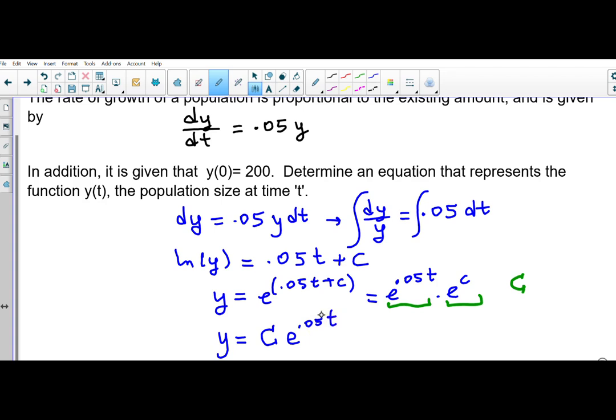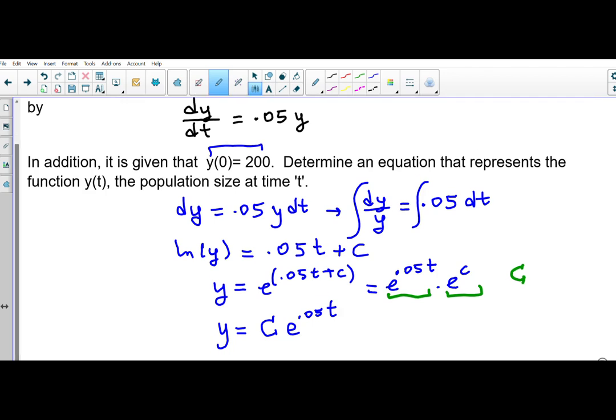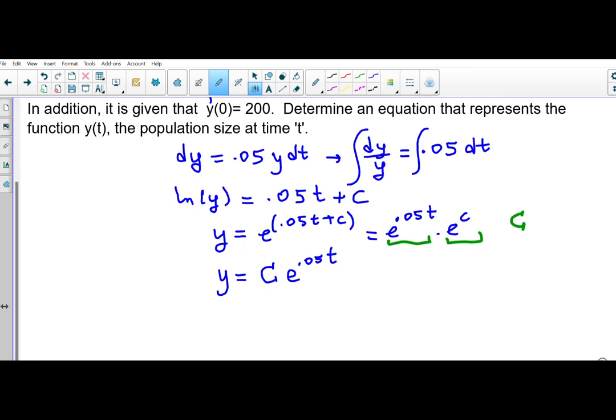And normally we're done. We found a function, but it has a constant of unknown value. But this time they give us extra information, sometimes known as an initial value condition. They said at time 0, the population size was 200. So let's use that information here to determine the value of c.